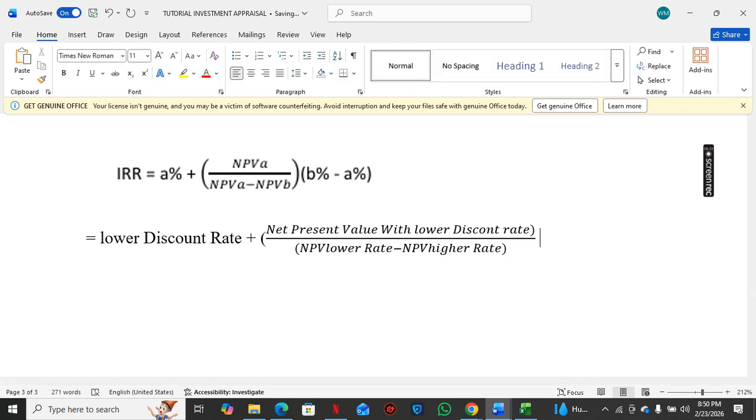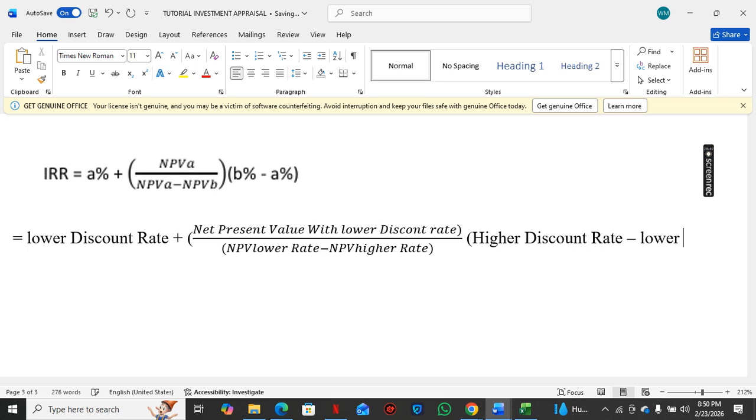Then open brackets, higher discount rate minus lower discount rate. Okay, colleagues, this is the formula.